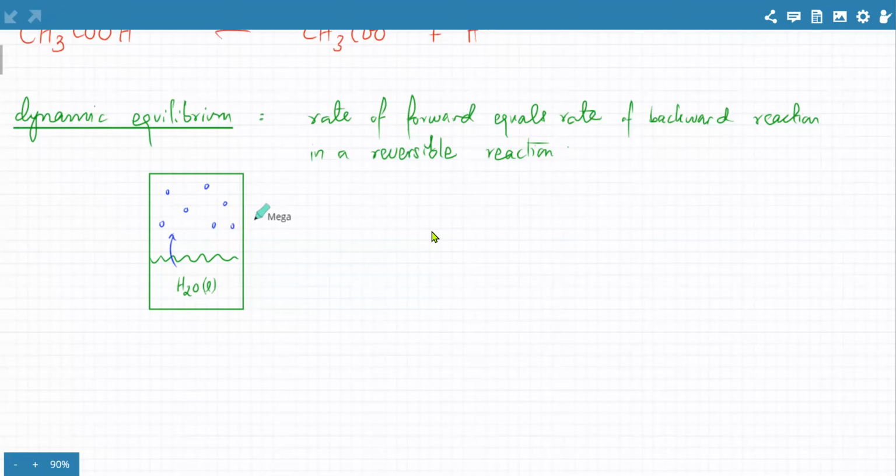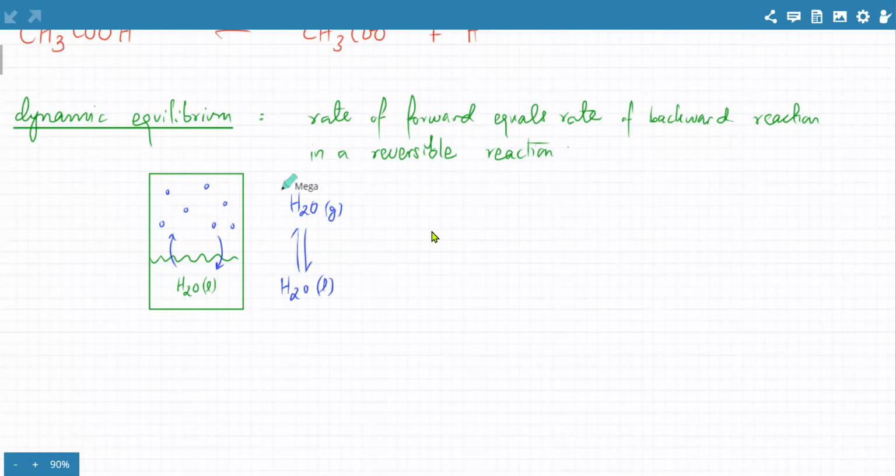Eventually they don't have any place to go, so they're going to bump into the walls of the container, and eventually they would lose energy and fall back down. So H2O liquid would be constantly evaporating into H2O gas, but at the same time it would be constantly turning back into liquid as well.